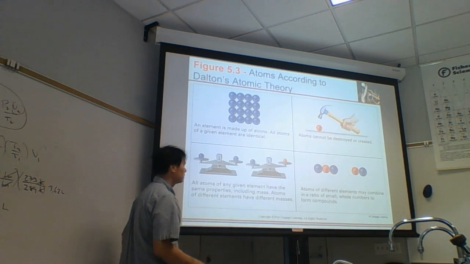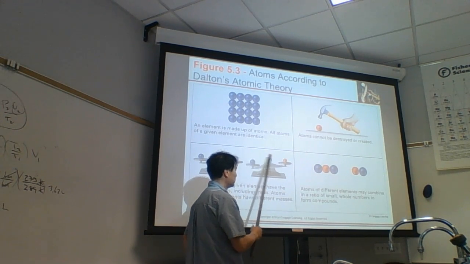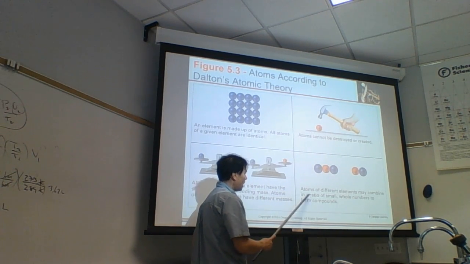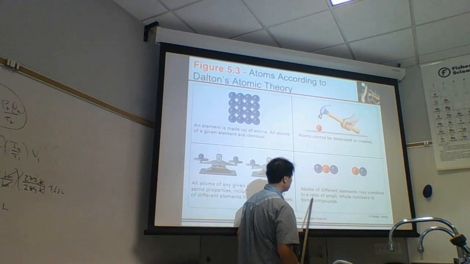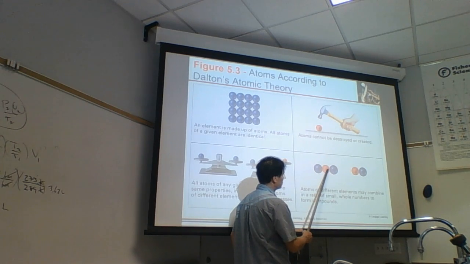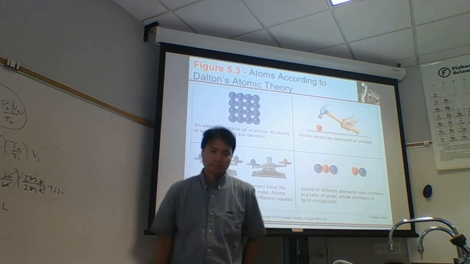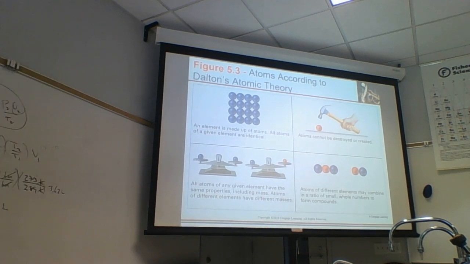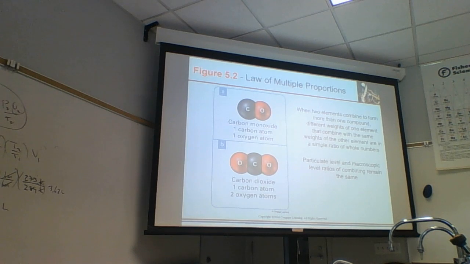Physical properties will be different, for sure, like a hydrogen versus an oxygen are going to be different. Atoms of different elements may combine in a ratio of small whole numbers to form compounds. So this is 2 to 1, blue, red. This is 1 to 1, blue to red. All right, that was the atomic theory.